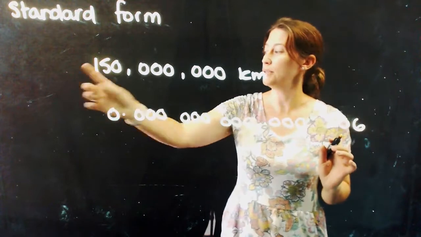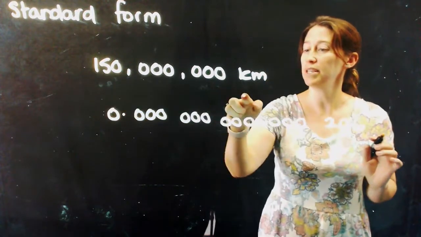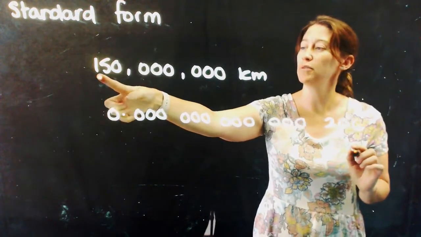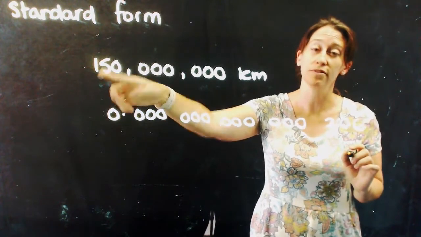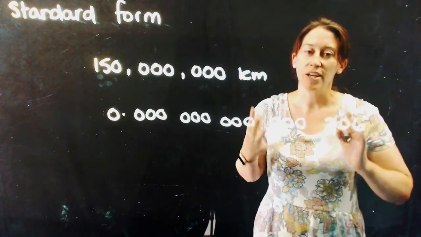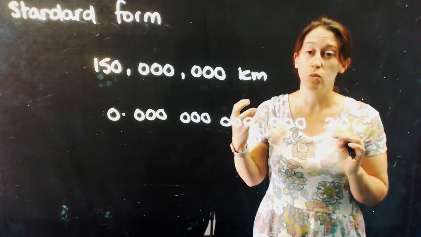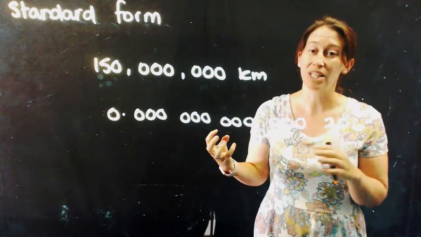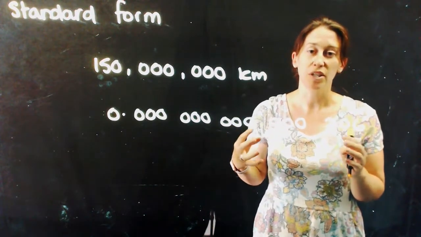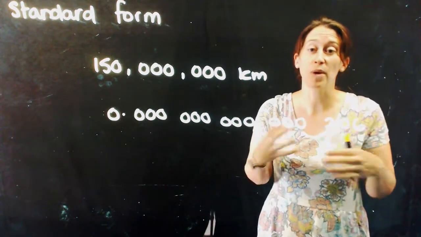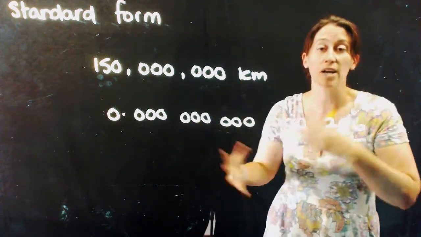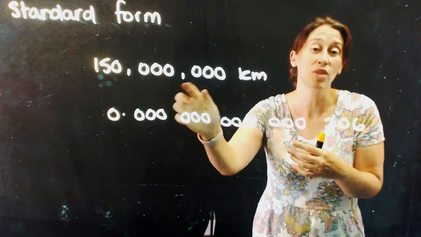Alright, so I'm going to take this number and write it in standard form. The 2 significant figures are 1 and 5. What I need to do is have a number greater than 1 but less than 10, because if I go above 10, I've got another power of 10. Standard form is all about writing a number in powers of 10, because we know that's what the zeros are.